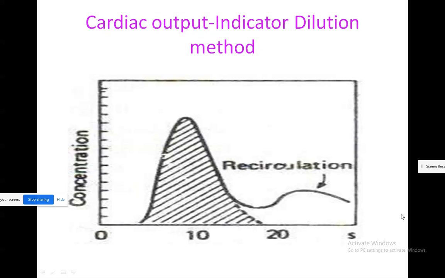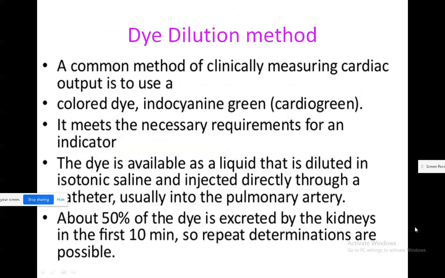If it goes parallel like this, that is nothing but your indicator being completely mixed with the blood. Now you can measure the blood flow by measuring the concentration of indicator in the blood, which will be similar to the blood flow. In this manner you will measure. Next, dye dilution method.